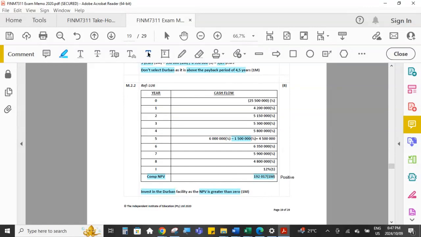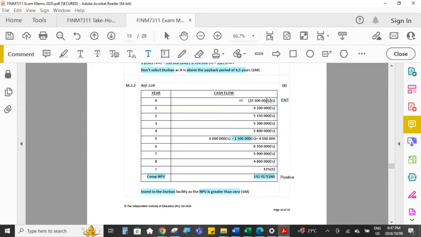The keystrokes on your financial calculator, and don't forget this 25.5 million must be entered in your calculator as a negative figure. You would type in on your calculator 25,500,000 minus, using that plus minus key, the key that looks like that on your calculator.